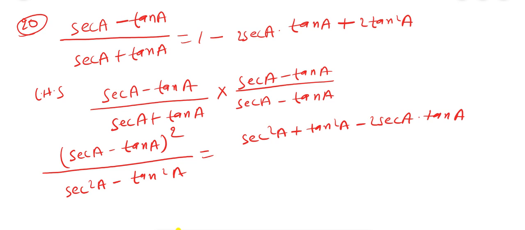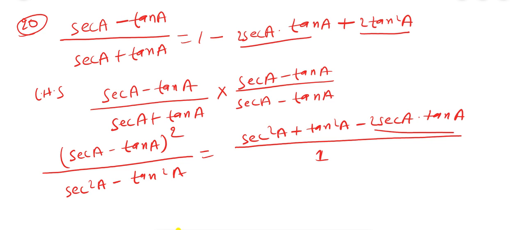So I expanded this in this form, sec square A plus tan square A minus 2 sec A tan A. You know that the denominator is 1 because I already told you this formula. Now I want 2 tan square A, so I only want tan here. I will convert the sec into tan.